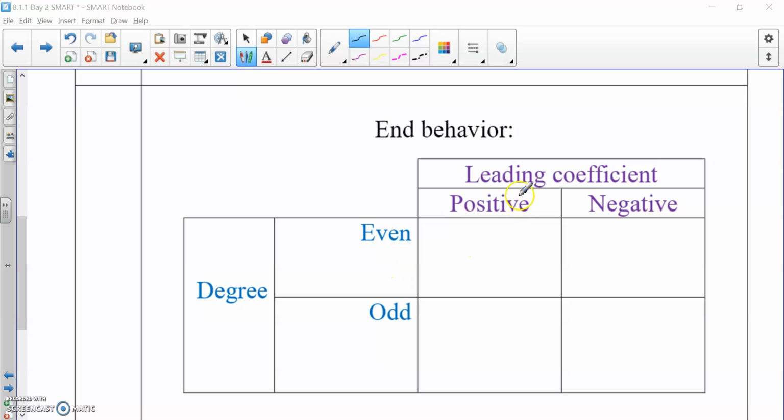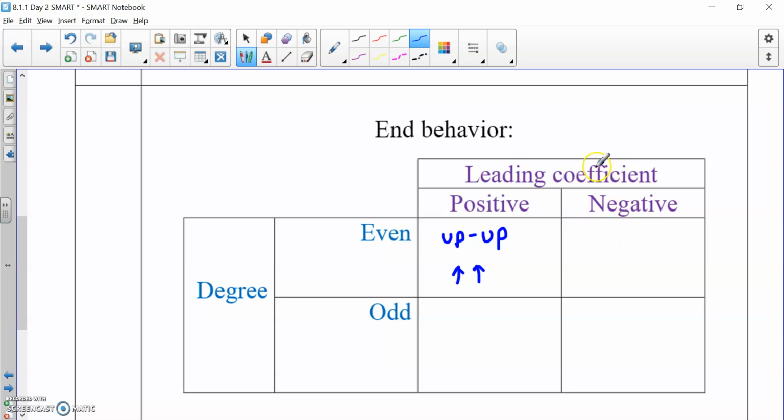So if the leading coefficient is a positive number, and the degree is even, then we know our end behavior is going to be up, up. Okay, and these boxes are all just combinations of these ones. So this is even positive.